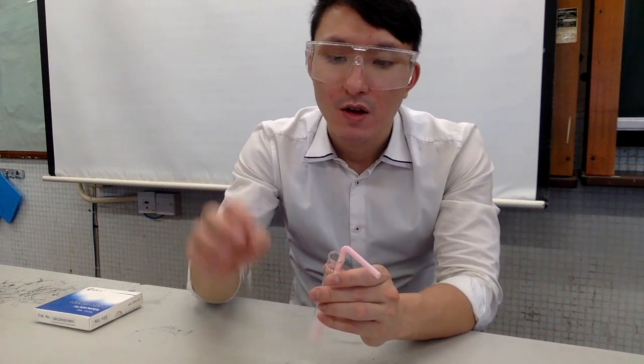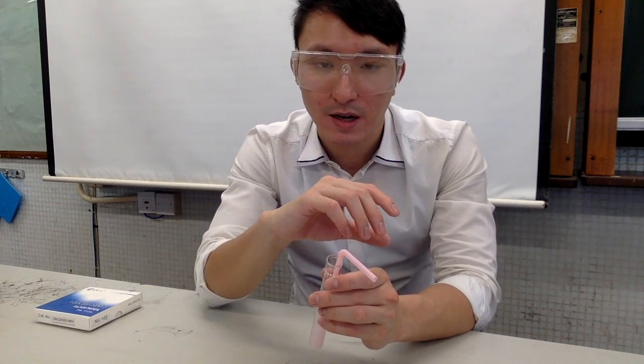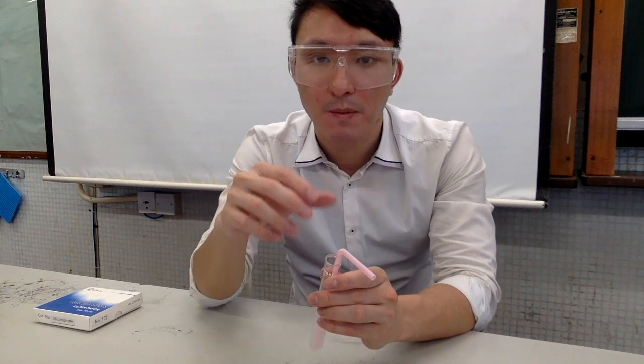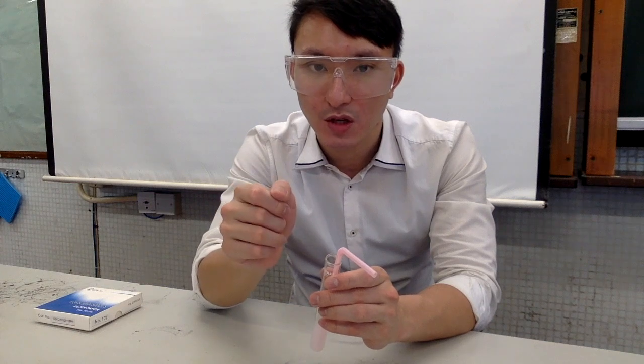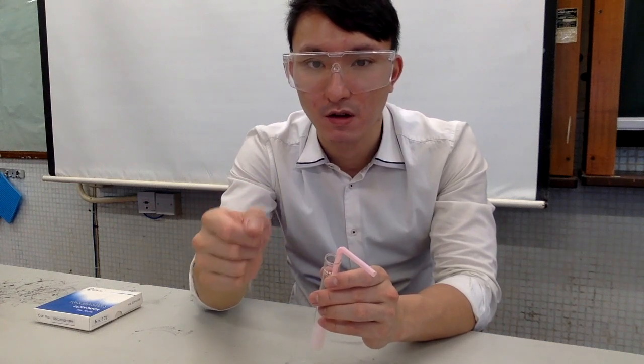Okay. Now, when we add an excess amount of water into the calcium hydroxide, the calcium hydroxide dissolves in water to form lime water. Now remember, lime water is a saturated solution of calcium hydroxide, because calcium hydroxide is not very soluble in water.